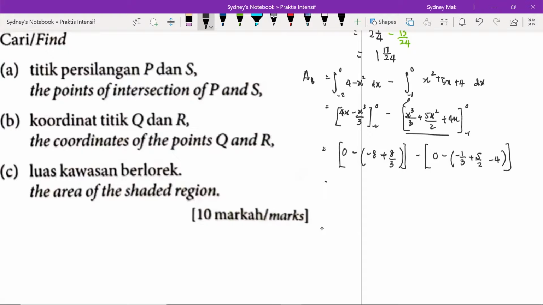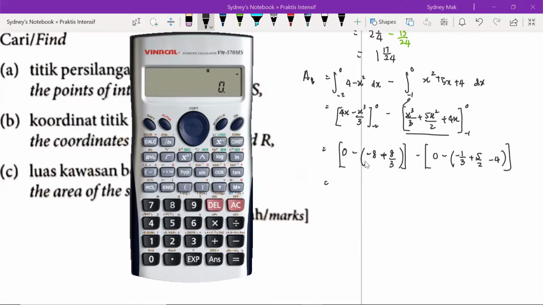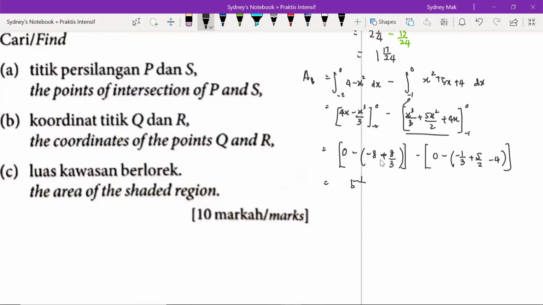So for this one, let's use the calculator and key in the value straight away. So we take -8 plus 8 over 3. So -5 and 1 over 3. 0 minus -5 and 1 over 3, we have 5 and 1 over 3.